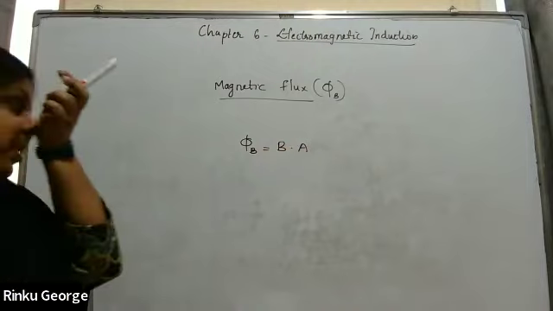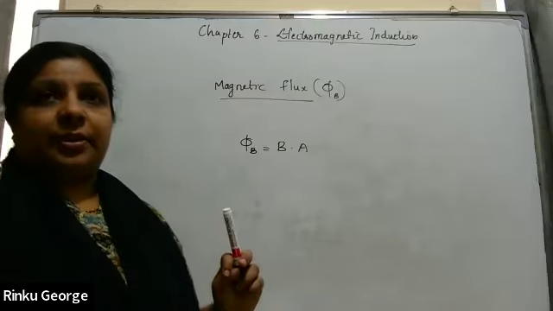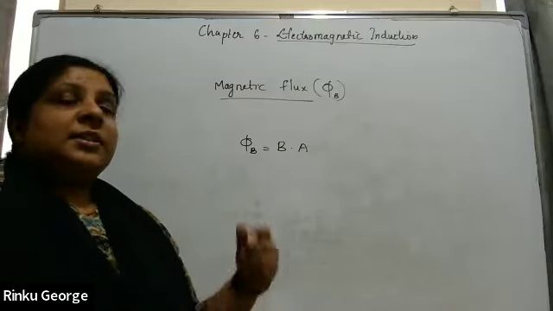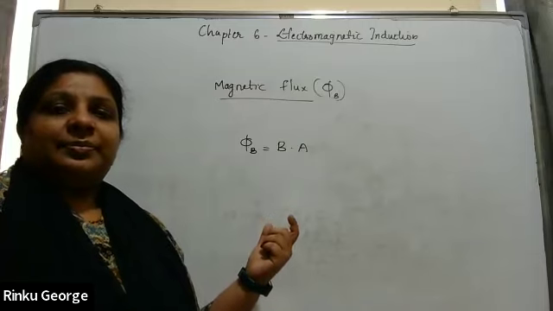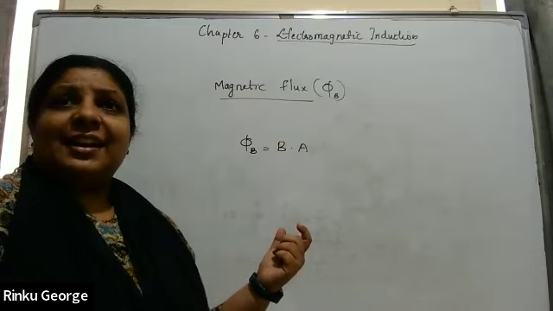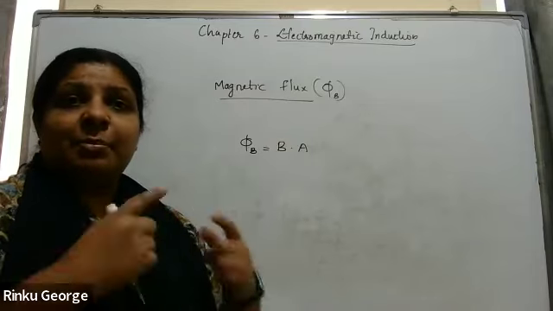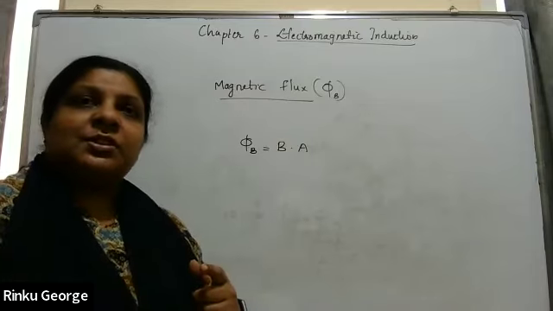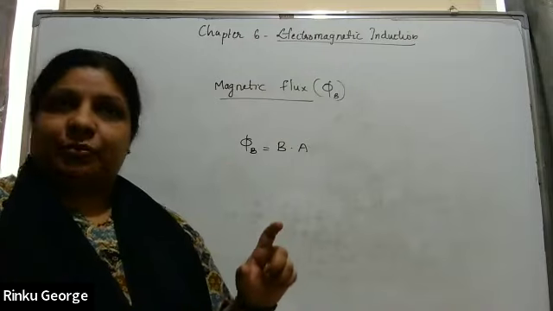So magnetic flux is B dot A. And is it a scalar or a vector? Electric flux was scalar, right? It is a number of field lines. So magnetic flux is also a scalar quantity. It just gives a number of field lines.